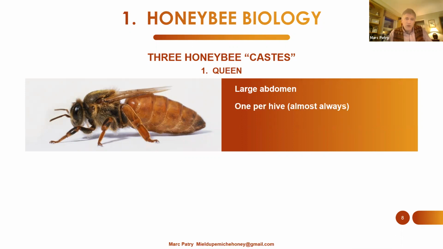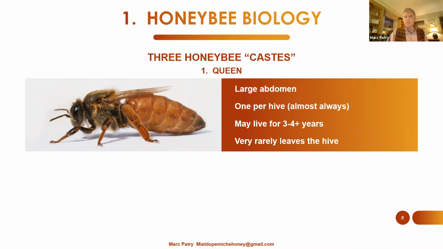There's usually just 1 queen per hive. In exceptional circumstances, there will be 2. We can talk about that later. A queen can live for 3, 4, even more years. Queens can last for several years. It's interesting to note she only goes on 1 mating flight when she's first born, and then that lasts her for several years in terms of fertilizing eggs as she goes along. And she very rarely leaves the hive.